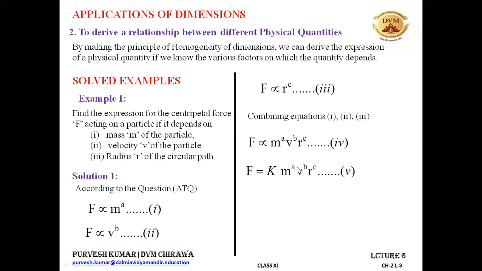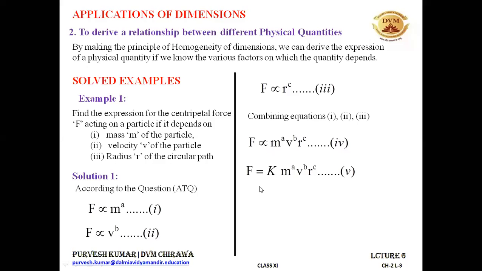If we find them, we can put those values in equation number 5 and get the formula for this force F. So here is the use of dimensions. I hope I am clear in this explanation. Still, if you have some doubts, please ask me.